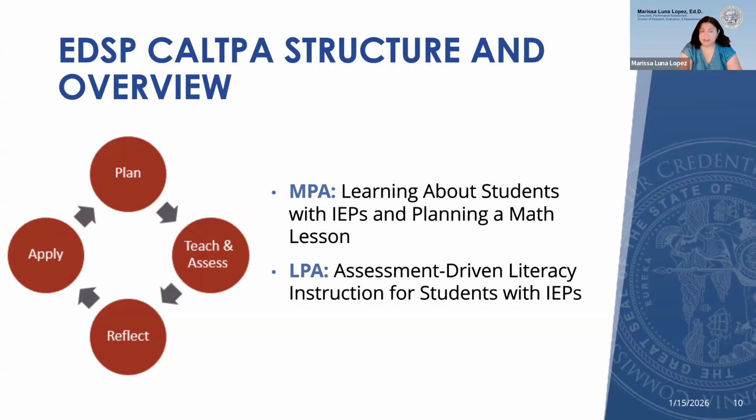And for the literacy performance assessment, it's very much the same task that we're asking of the CalTPA in a general education setting. The big difference is that it is not developmentally appropriate to engage children under the age of, I believe, either 3 or 4. I'd have to really look at the individual guides.